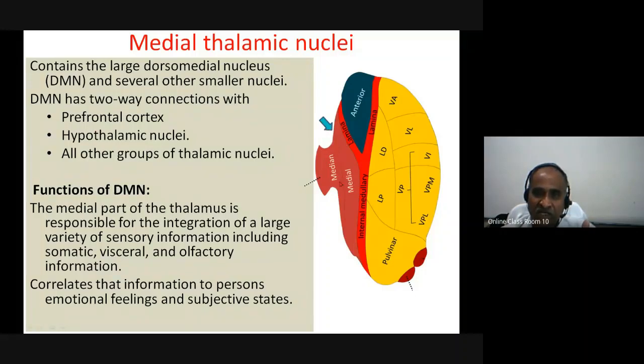I have made an arrow here. This nucleus has a 2-way connection to the prefrontal cortex, hypothalamic nuclei, and all other groups of thalamic nuclei. All these thalamic nuclei are connected here.